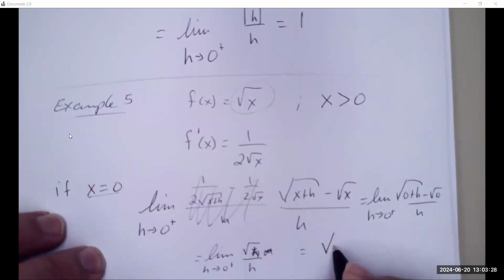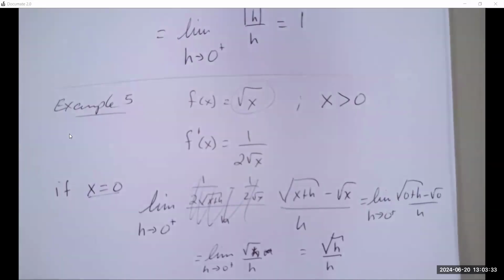So as absolute value of h over h, as h goes to 0, what happens to that function? We can tell that by looking at the horizontal asymptote, or the vertical asymptote. What is the power of the denominator? 1.